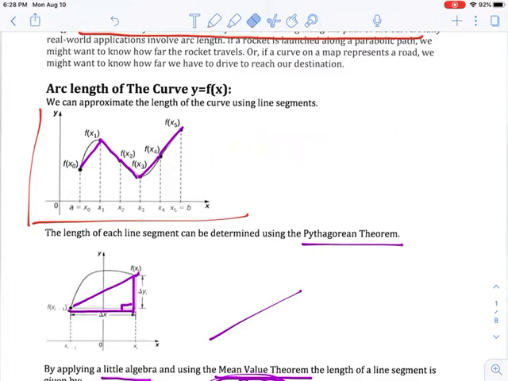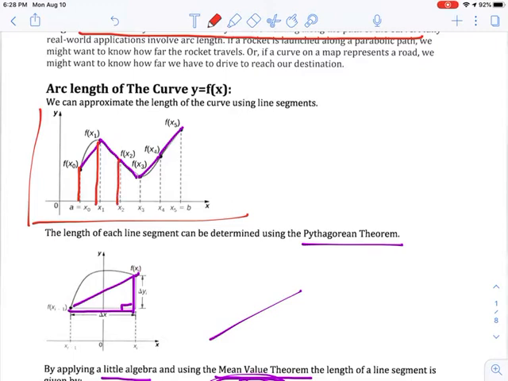We realize, of course, that this is pretty inaccurate, that the line segments aren't even close to the actual arc length. So we do what we always do. We can create more line segments by creating smaller distances here.